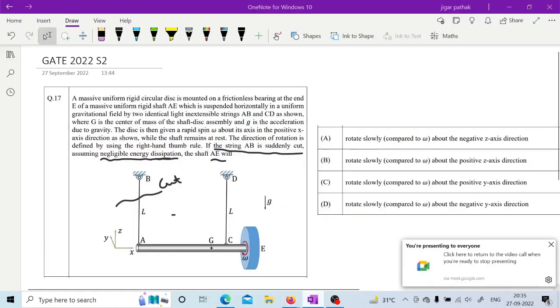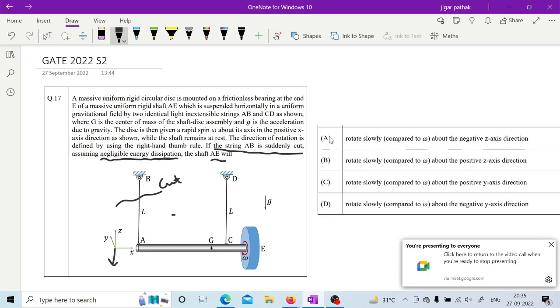Sir, it will be in negative direction of Z axis. Correct. It will be in the negative direction of Z axis. So it will be in the negative Z direction.